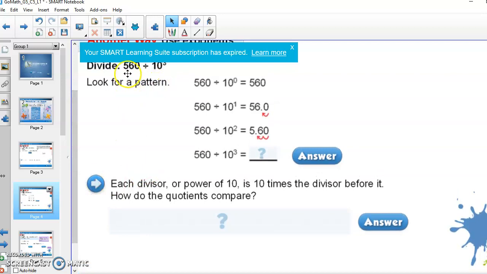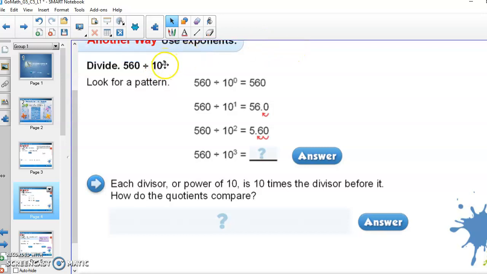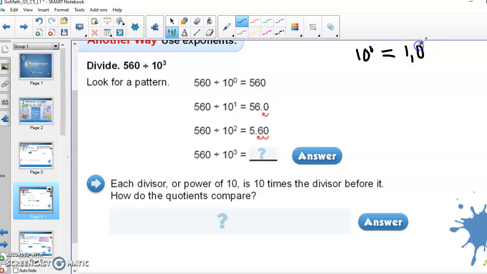All right, so we're still looking at 560 divided by 1,000, but we're writing 1,000 now as 10 to the power of 3. Remember that 10 to the power of 3 is the same as 1,000. We remember when we write 10 to the power of 3, it's like the number 1 with 1, 2, 3 zeros behind it.